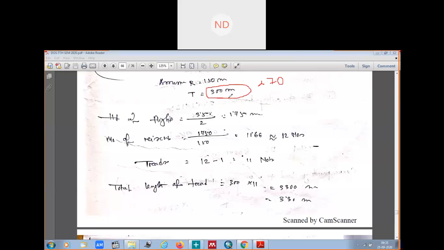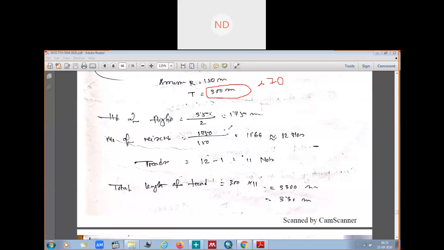Generally the range for tread in buildings is 200 to 300. We take the maximum value since it is overcrowded and we want a larger tread for the comfortable flow of crowds.